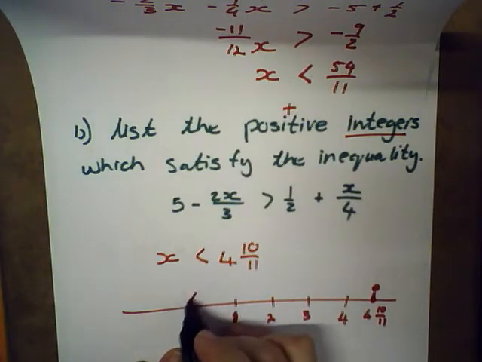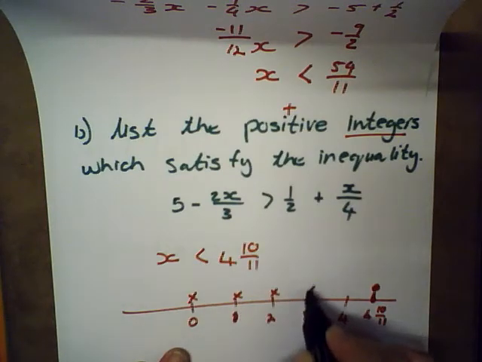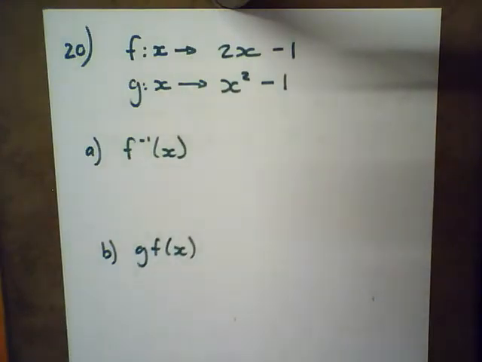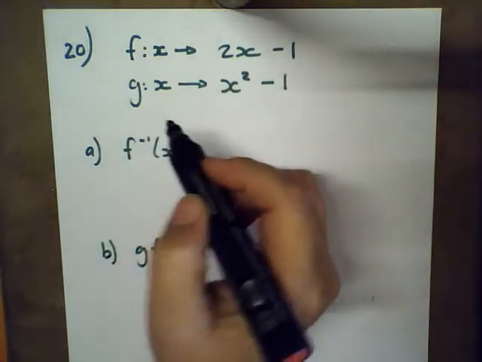We are only interested in the integer values, so my values would be 1, 2, 3, and 4. Okay, good, we're nearly done. A little bit more, 2 or 3 questions to go.